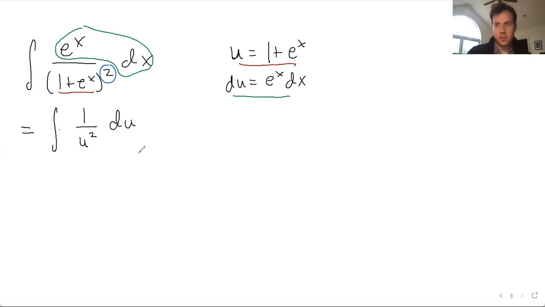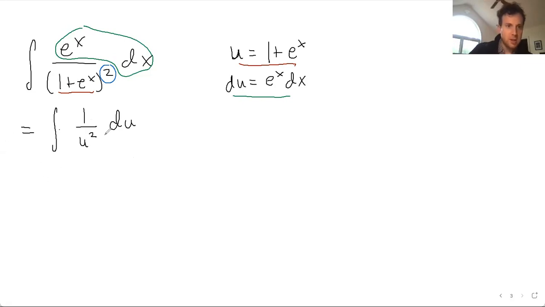From here, it's a mostly straightforward integral problem, but is everyone on board getting to this point? Okay.